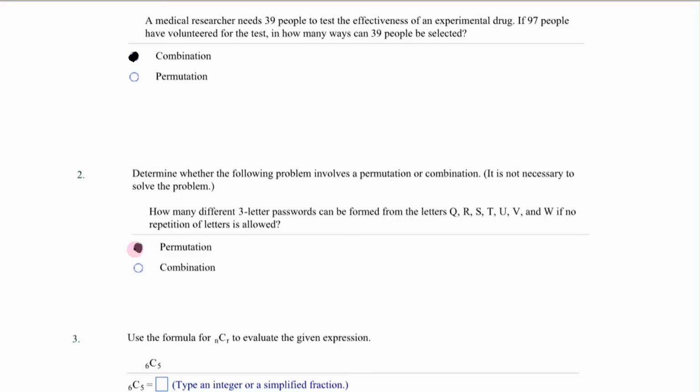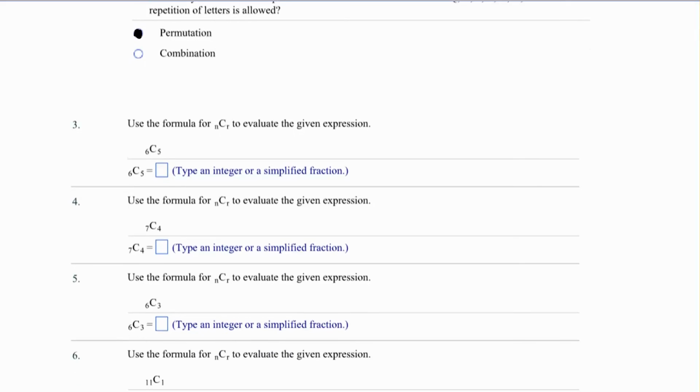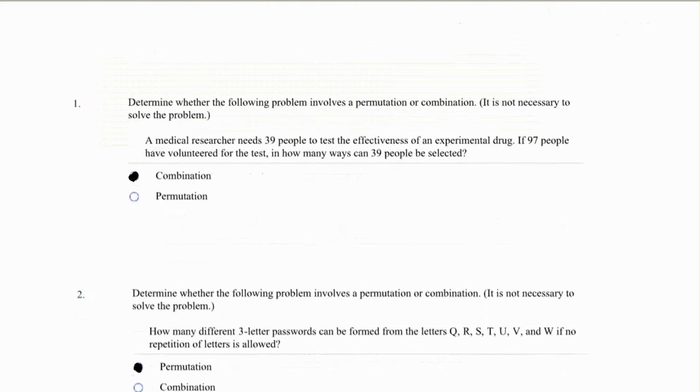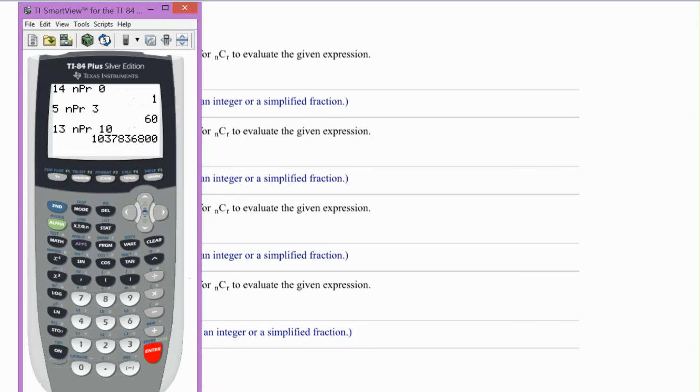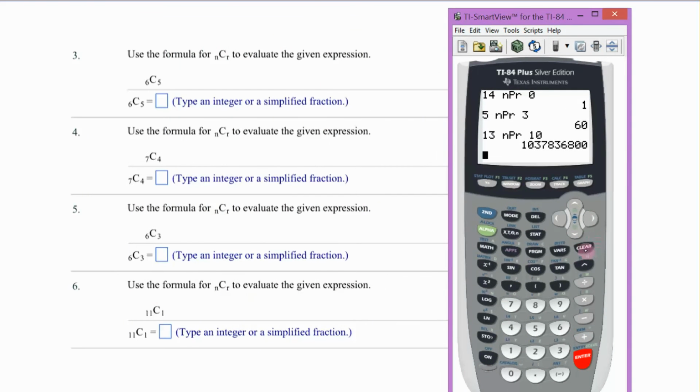We'll do some application problems in a few minutes, but let's practice with our calculator doing the combinations. You certainly can also practice, if you want, using the formula. All right. I'm going to clear. And I'm doing 6 taken 5 at a time.